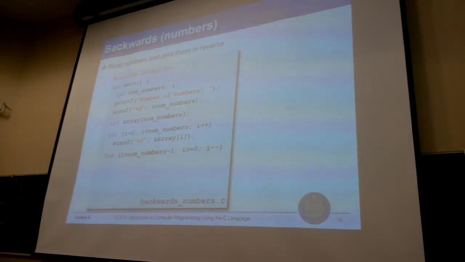Right? What we want to do is then read out of the array in reverse. And the way we do that is we set up our for loop conditions as follows. We set I equal to num numbers minus 1, which was the last element input into the array. And instead of incrementing, we're going to decrement I. And we'll decrement I until we hit 0.